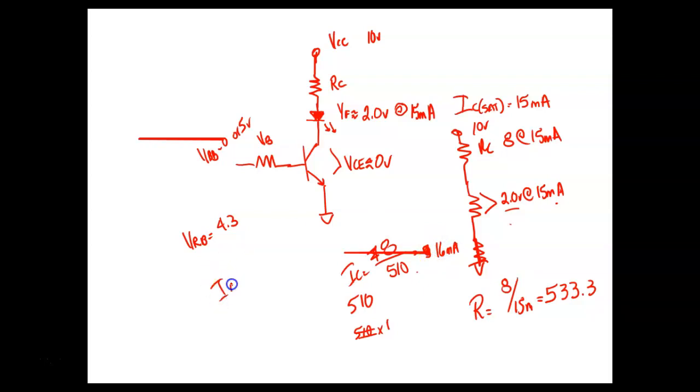Then I'm going to calculate IB saturated. One thing I didn't give you is the beta. So let's use 100 for the beta. So IB sat is going to be equal to 16 milliamps divided by 100.